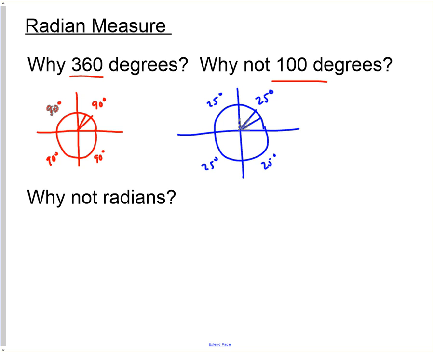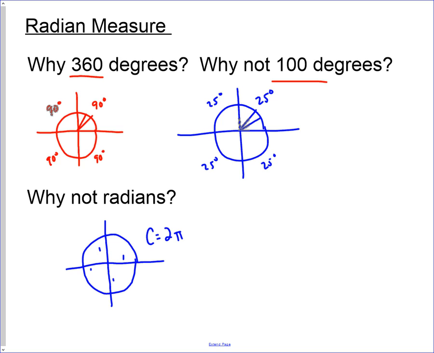So radians, instead of using a number like 360 degrees, say that maybe it makes more sense for our purposes to consider what we call the unit circle, which is a circle of radius 1. A circle of radius 1 has a circumference equal to 2 pi r, which is 2 pi.